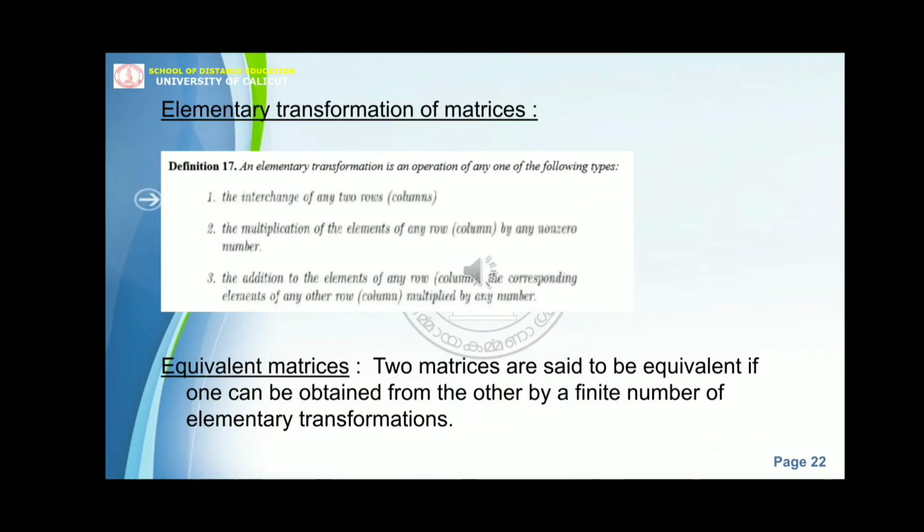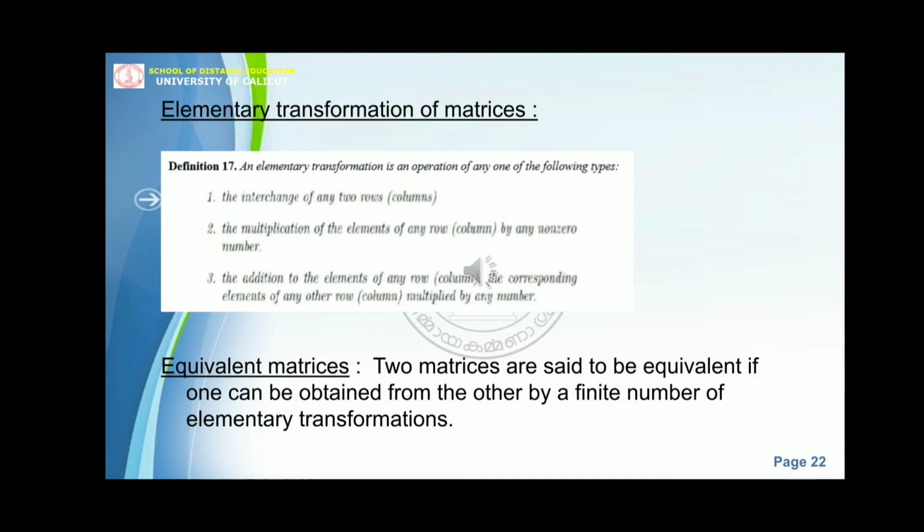Elementary transformation of matrices. An elementary transformation is an operation of any one of the following types. First, the interchange of any two rows or columns. Second, the multiplication of elements of any row or column by a non-zero number.